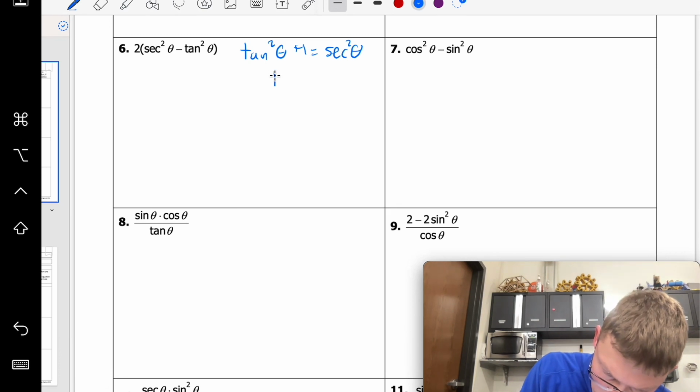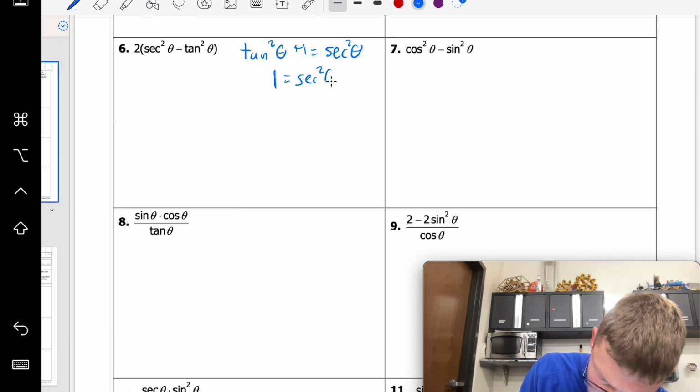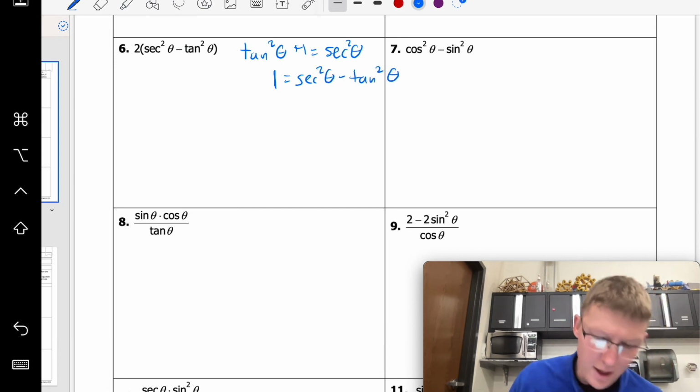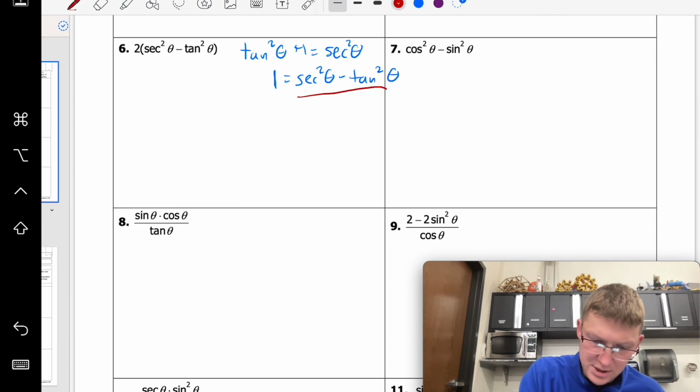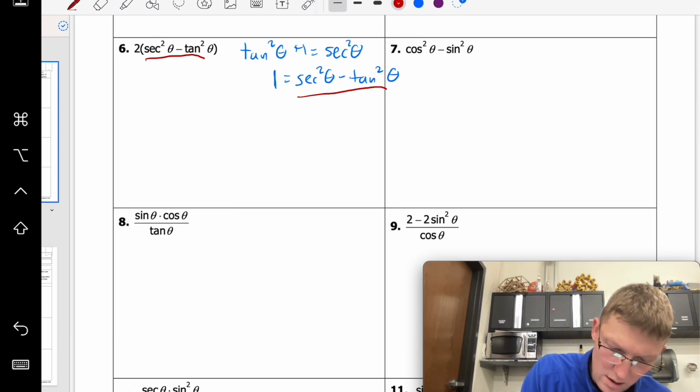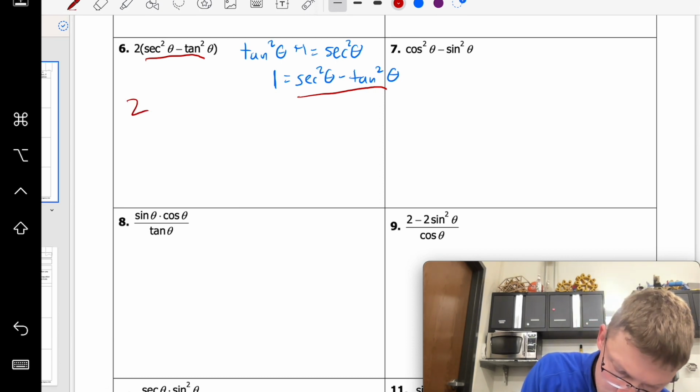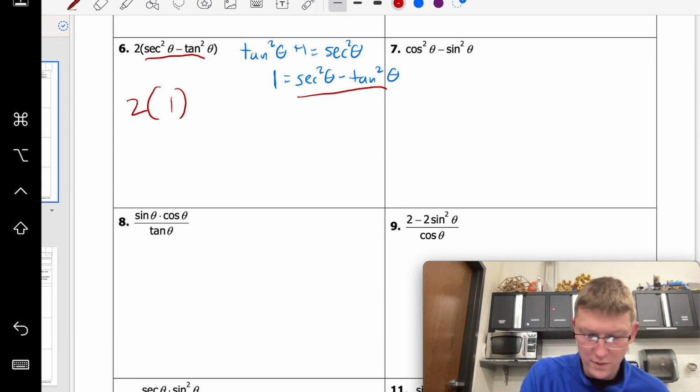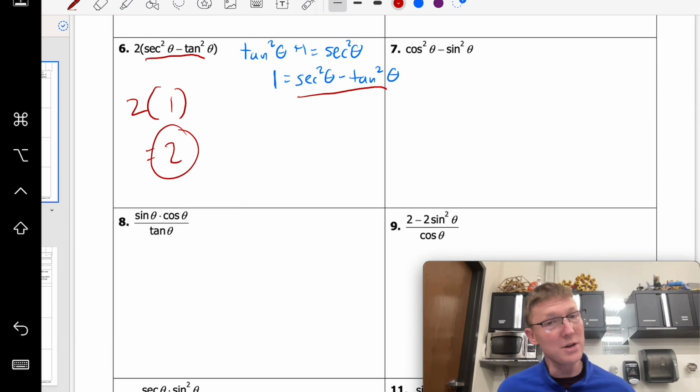So that's 1. My handwriting is great. And then we're going to have secant squared minus tangent squared of theta. So now this matches this directly. So we can rewrite our equation now as 2 times 1, which just equals 2. So we simplified a trig function into 2.